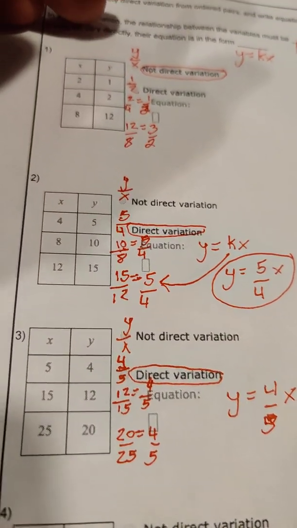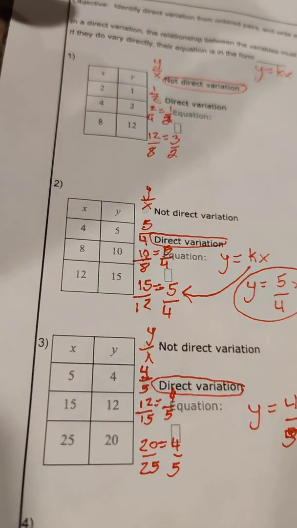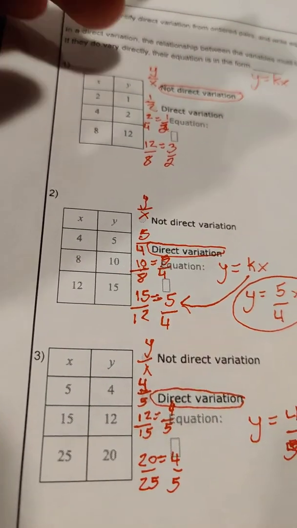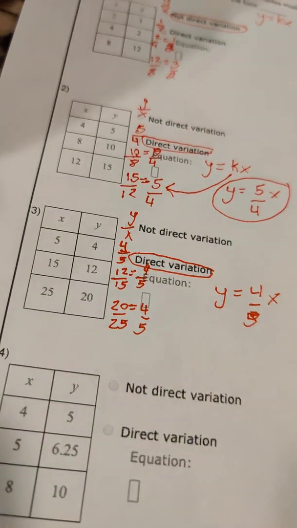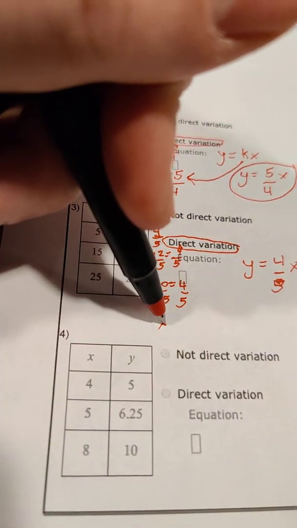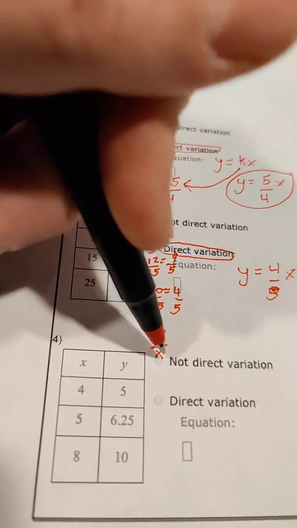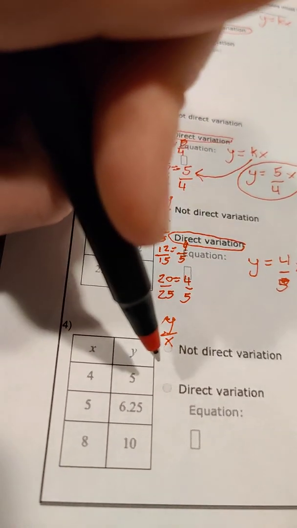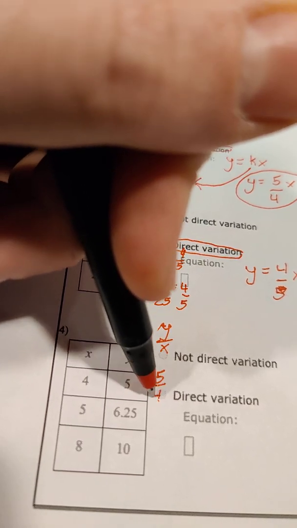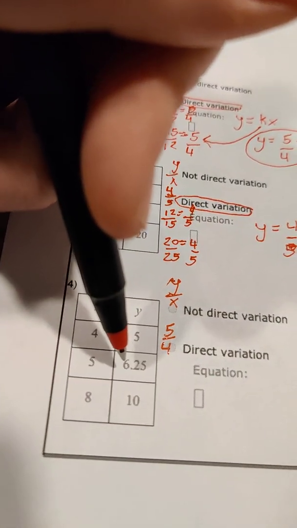Okay, pause the video, try number 4, and then check back. All right, so for this one, y over x, we have 5/4 here. The middle one's a little trickier.